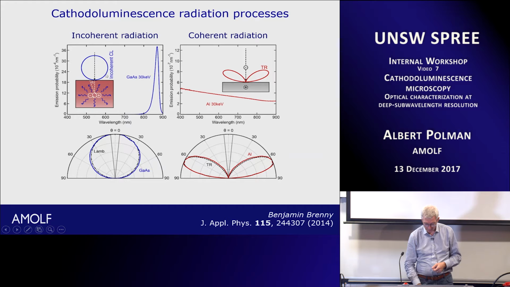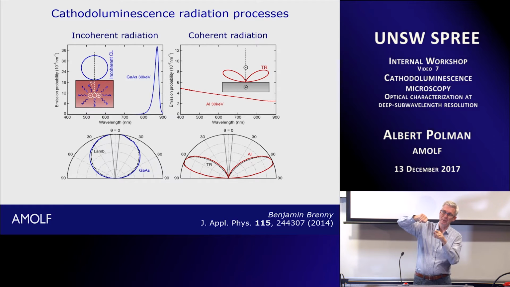In the cartoon on the left-hand side, you see the electron beam comes in, it generates whatever emits light here, and typically that would then isotropically emit light inside the material. And then the way the light is emitted from the material is indicated by this curve. This is the intensity as a function of angle. So if it's isotropic inside, then just from the Fresnel equations for reflection and transmission, you get this cosine distribution.